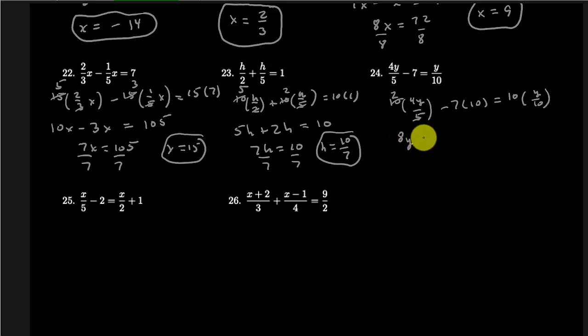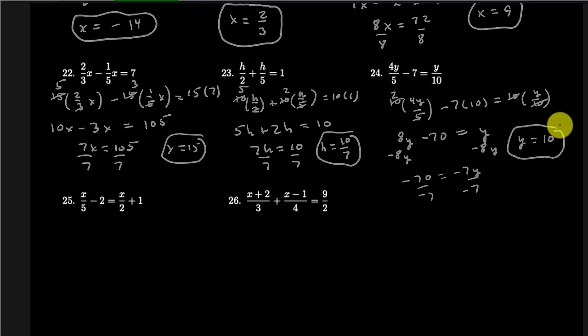So that's 8y minus 70 equals, and then here the 10s cancel. So I'm left with just a y. So let's subtract 8y to both sides, and that's going to give me negative 70 is equal to negative 7y. Divide everything by negative 7. I get y is equal to 10. And there's your answer.